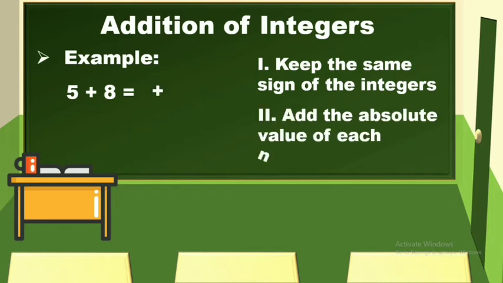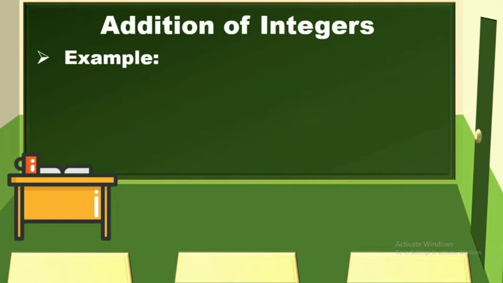Next, add the absolute value of each number. So, 5 plus 8 equals 13. Therefore, positive 5 plus positive 8 is equal to 13 or positive 13. Did you get it? Now, let us proceed to another example.